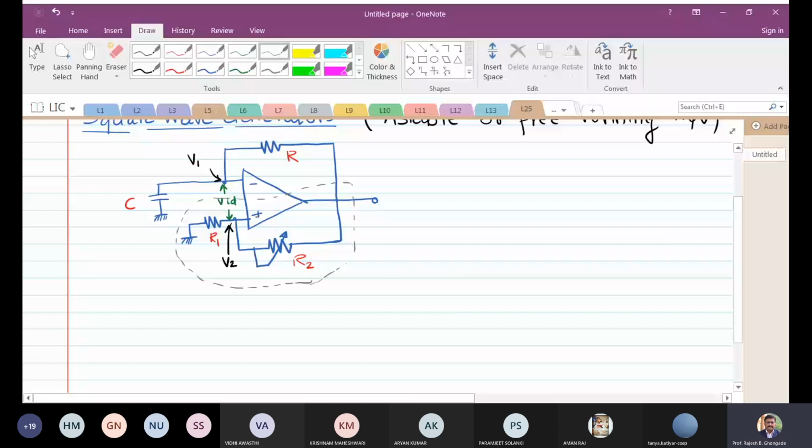So this part must be familiar to you by now. What is this? It looks like a Schmitt trigger circuit. Do you remember that?